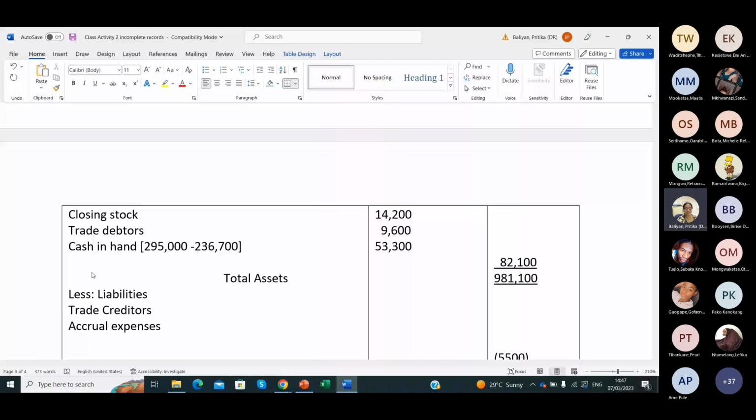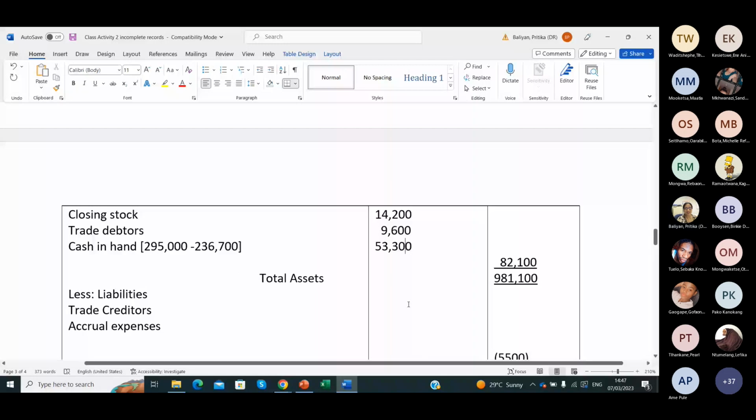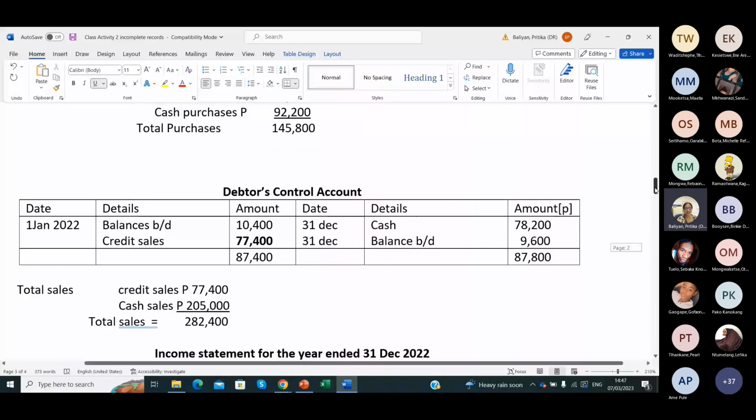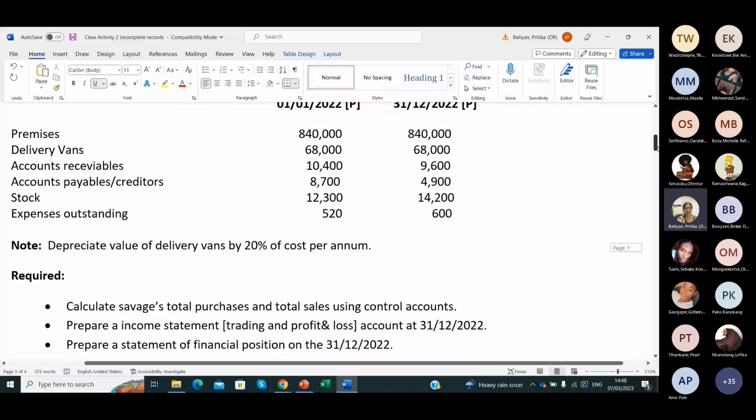Then from that we subtract the liabilities. So there are two liabilities. How much is trade creditor? Trade creditors is 4,900 and the outstanding expenses is 600.